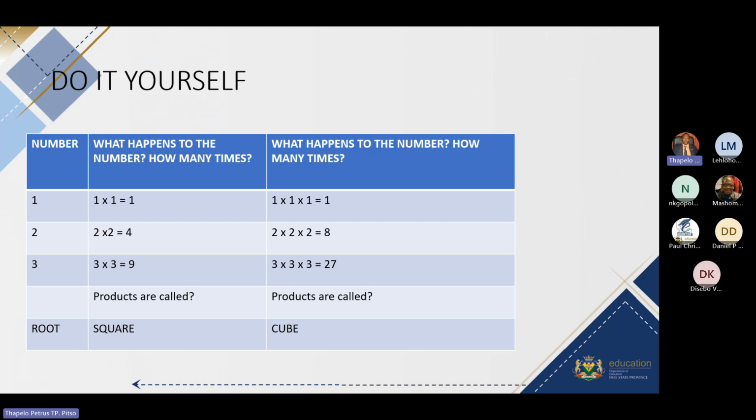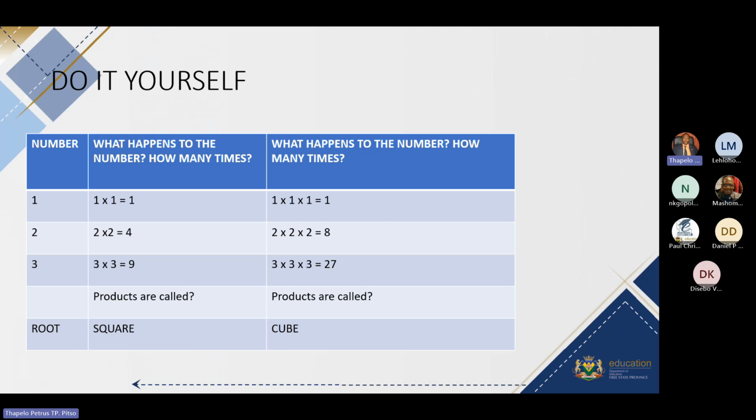Right, that's why I'm saying do it yourself. Analyze the table here. Let's check the second row where we start with number, it's 1. Now, in the first column, we've got our numbers 1, 2, and 3. Let's check our second column and let's see what is happening there.